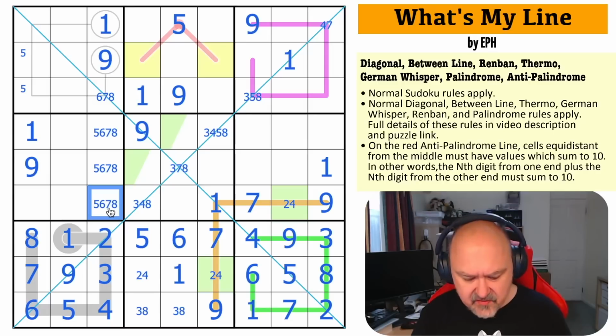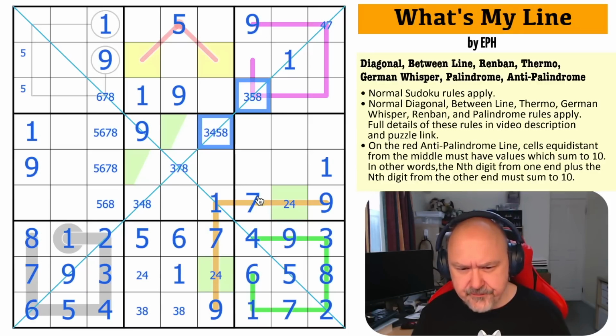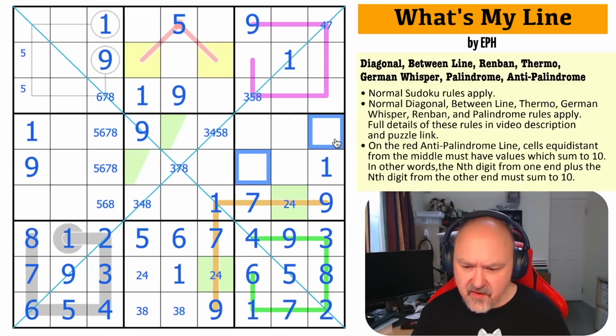This is not 7. Five is now in one of those two, which means that's not 5, those are not 5. So 5 is in one of those two.